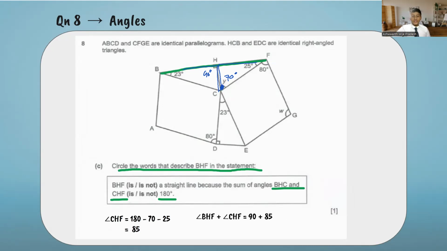So BHC plus CHF is 90 plus 85, which is 175 degrees. But shouldn't angles on a straight line be 180 degrees? So 175 is wrong. Thus your answer is not, and is not. This is your answer for part C.